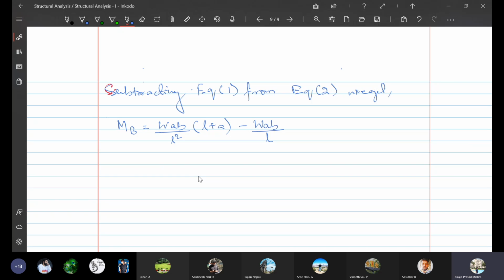Okay, so this implies, if we further simplify this one, we will have MB equals WAB by L square into L plus A minus L. If we further simplify or solve, this becomes MB equals WA square B by L square.